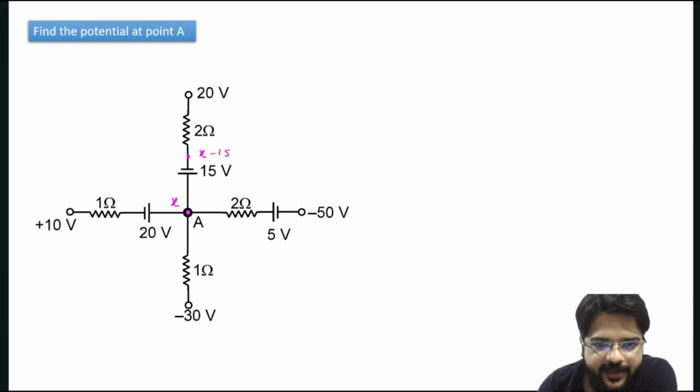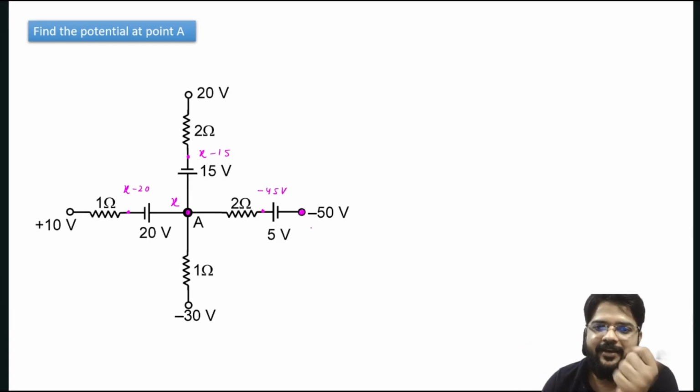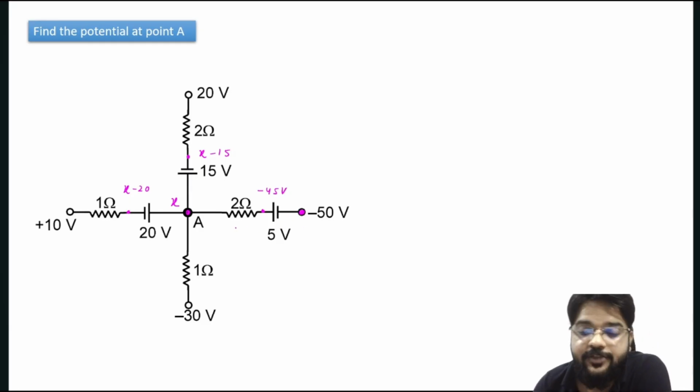And here is X, so at this point the potential should be X minus 20. Is it clear, everyone? Here the potential is minus 50 volt. So here how much? It should be minus 45 volt. We are going in this direction, so potential is gaining. That's why here it should be minus 50, minus 45 volt.